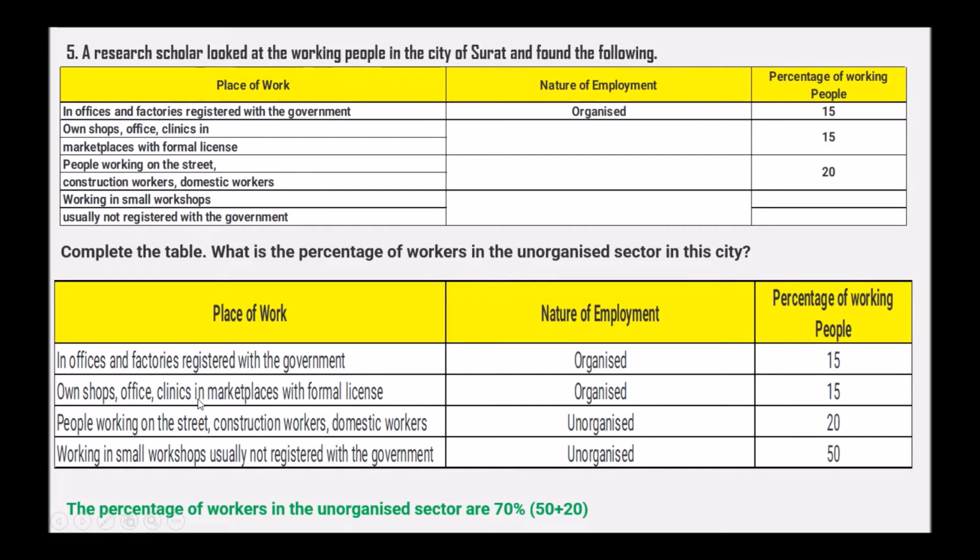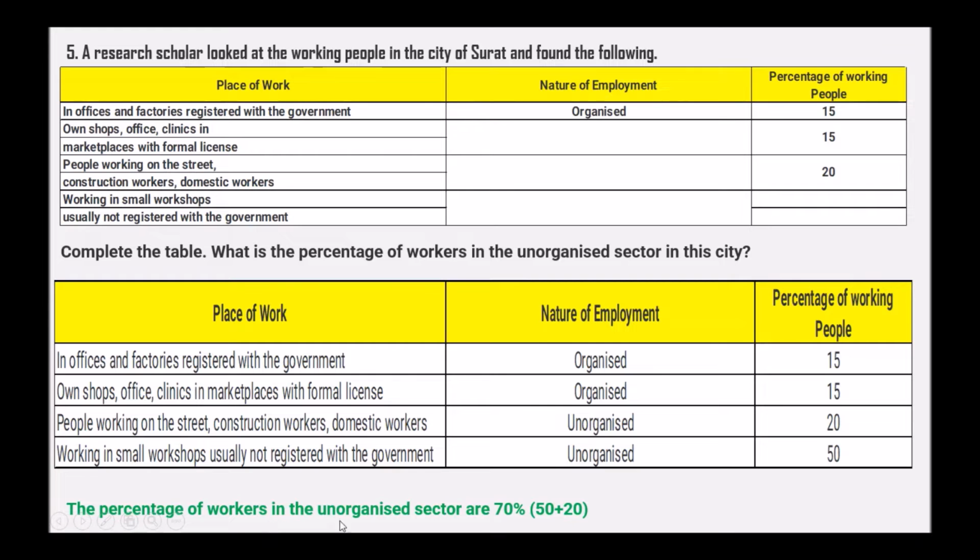Own shop, office, clinics in marketplaces with formal license, so it is organized, with 15%. People working on the street, construction workers, domestic workers, that is unorganized, 20% people work there. Working in small workshops, usually not registered with the government, it is also unorganized and 50% of people work there.